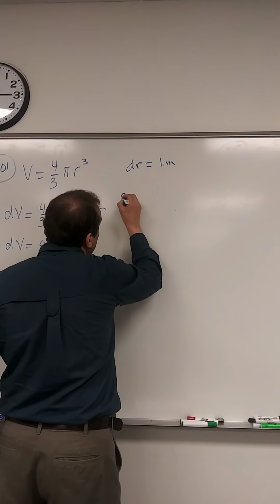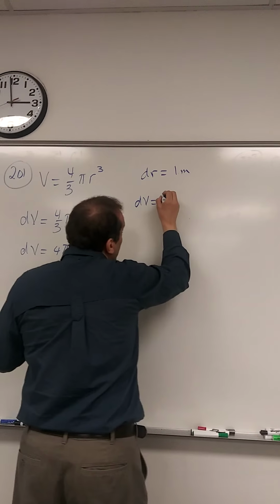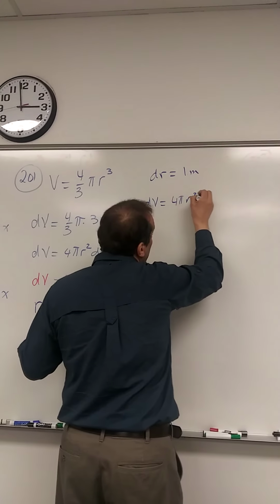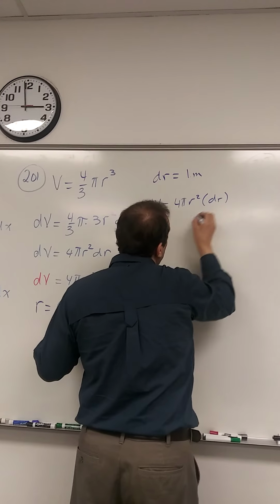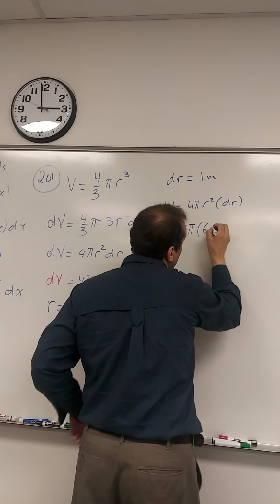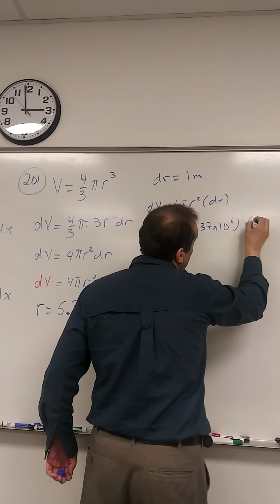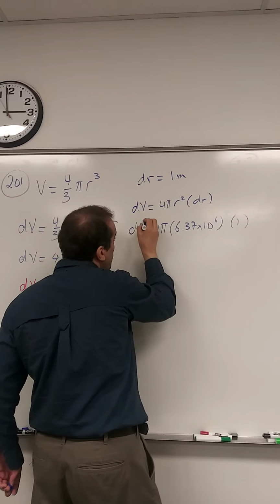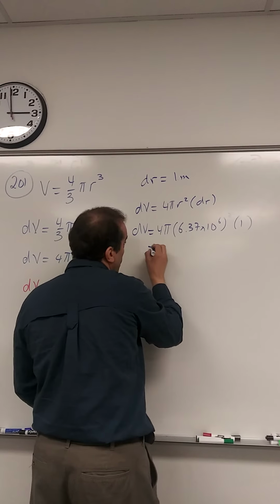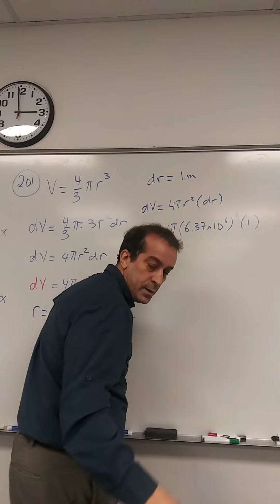So dV, the volume, would be off by 4 pi r squared times dr, which is 4 pi, and the radius is 6.37 times 10 to the 6, squared, times dr. So the volume would be off by a huge amount. I'm going to calculate this using the calculator.